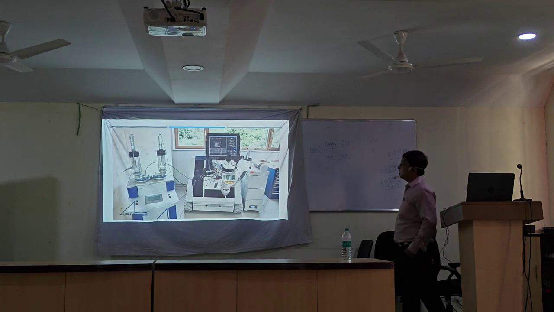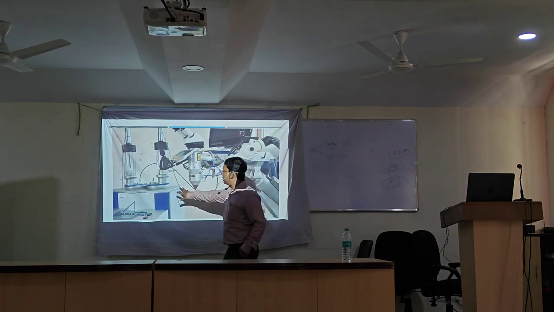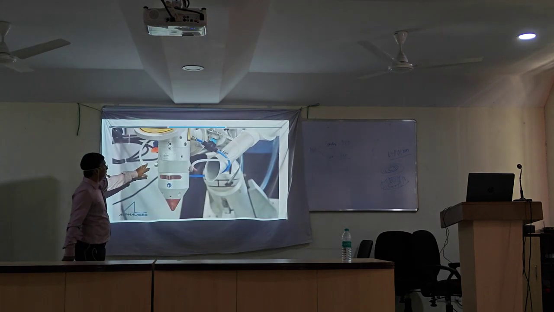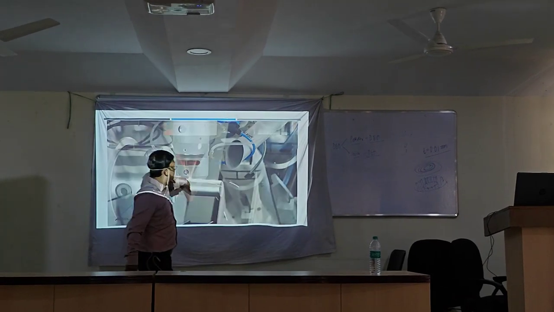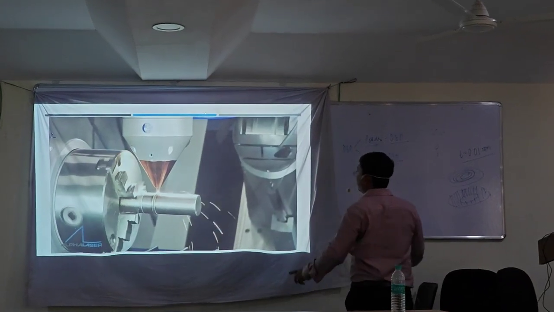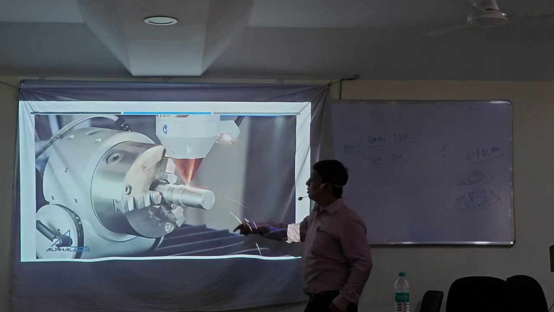So this is the machine. This is the powder feeder system, and this is the specially designed nozzle, with a circumferential groove and a central groove for the laser.